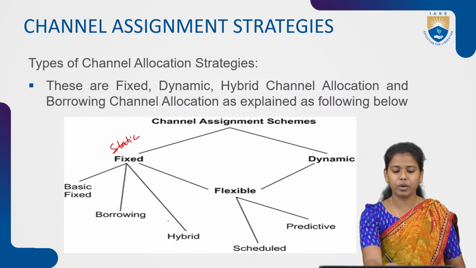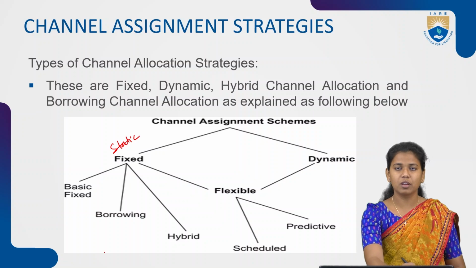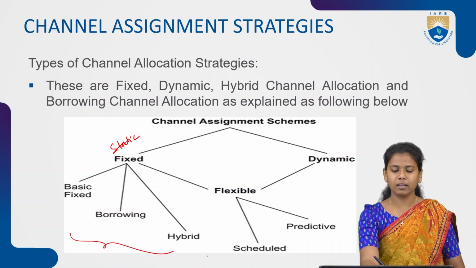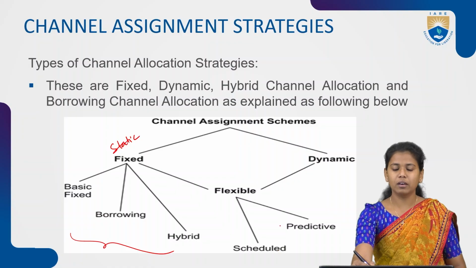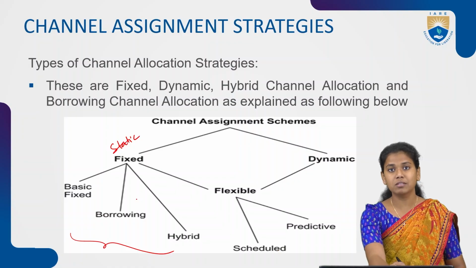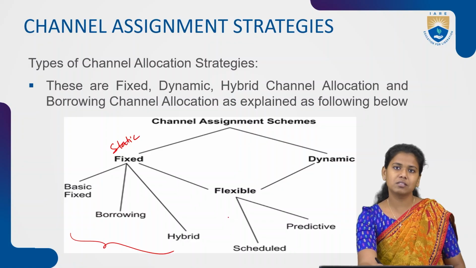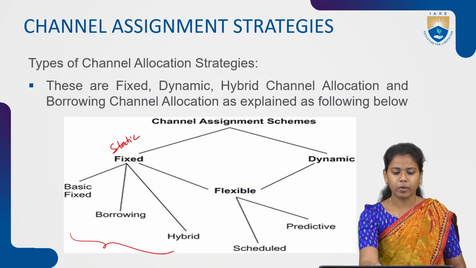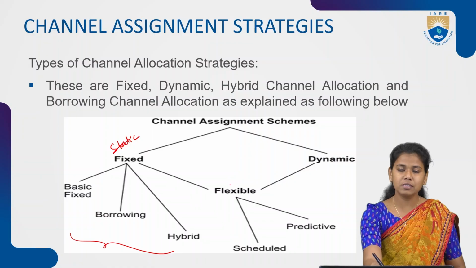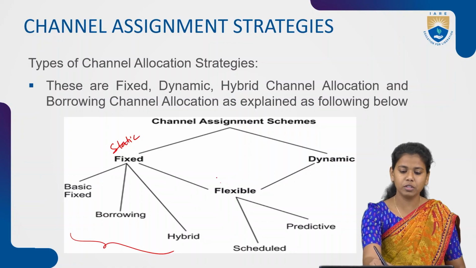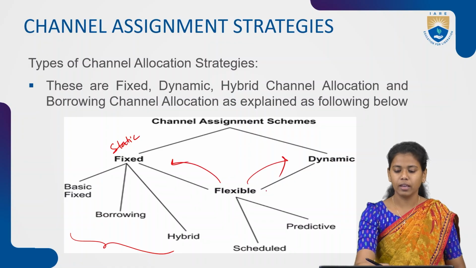Under the static one we have fixed, borrowing, and hybrid. One of the schemes which comes under the static is flexible. The flexible is a general one with respect to both the static and the dynamic.